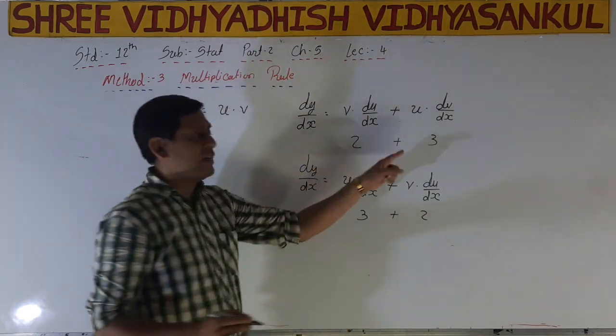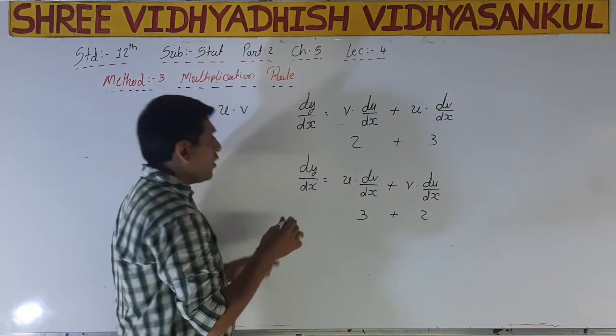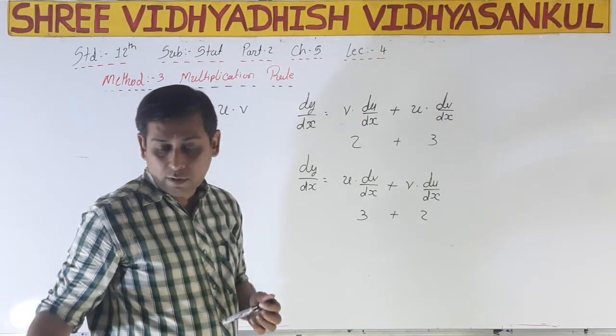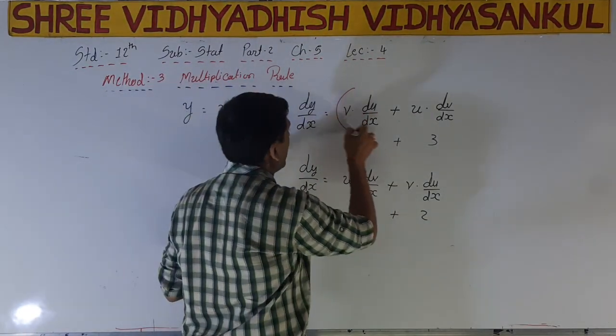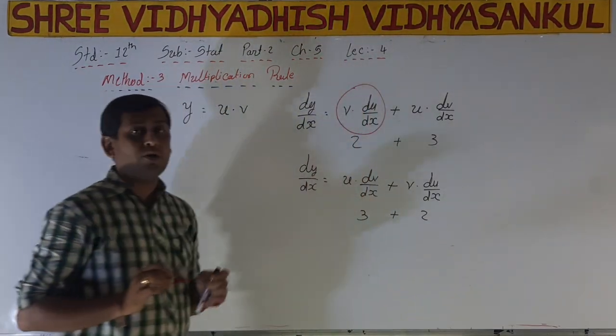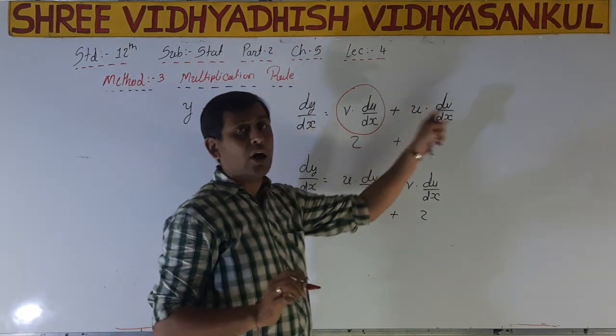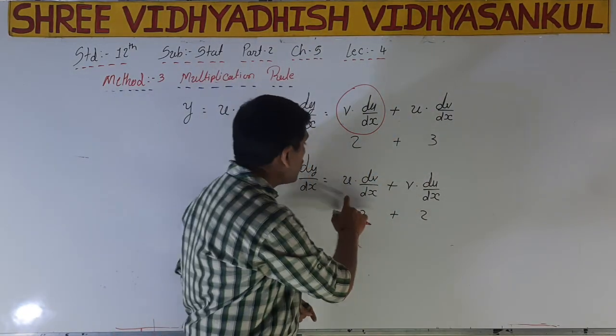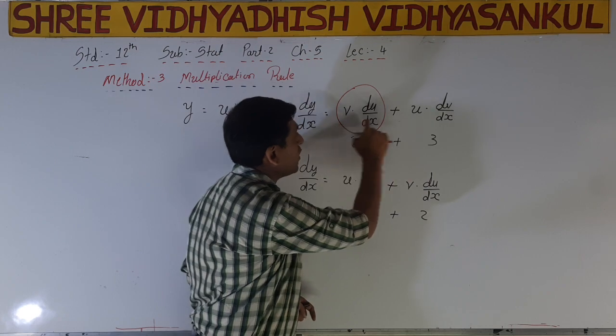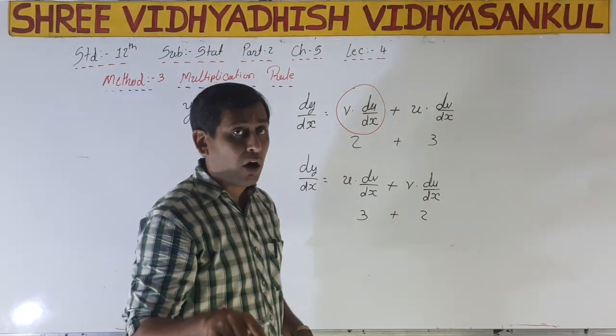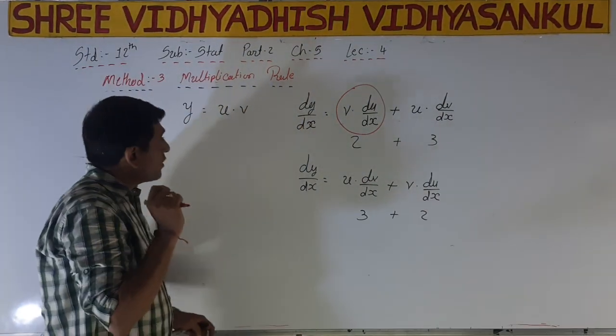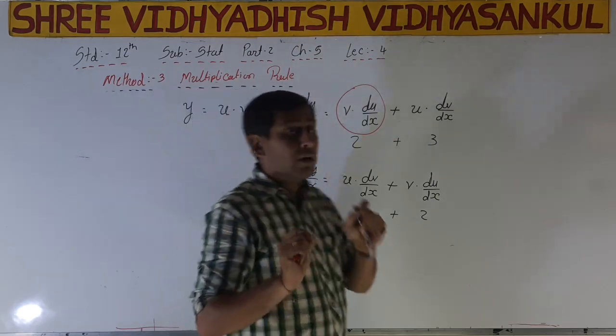The answer is the same. Whatever is multiplied with each other we cannot change, but we can change the order. See, u plus v, here I am writing v plus u. Why? Because it is very similar to the division rule.